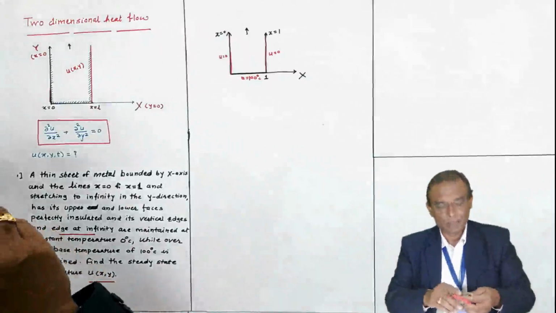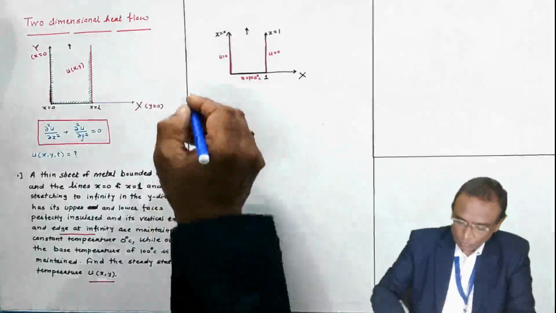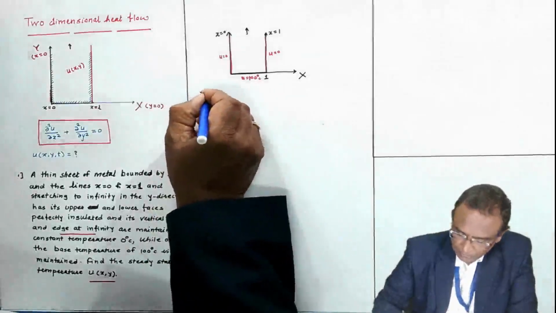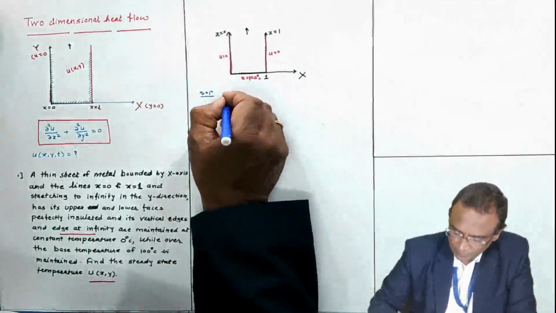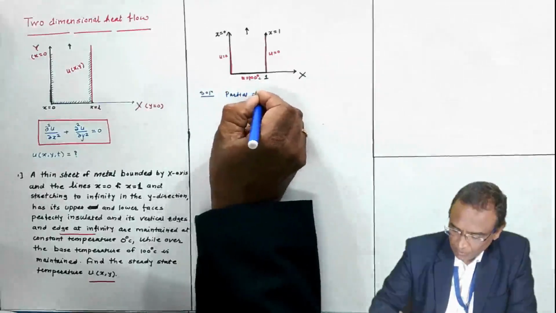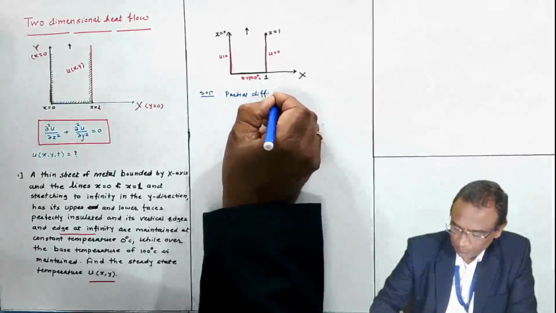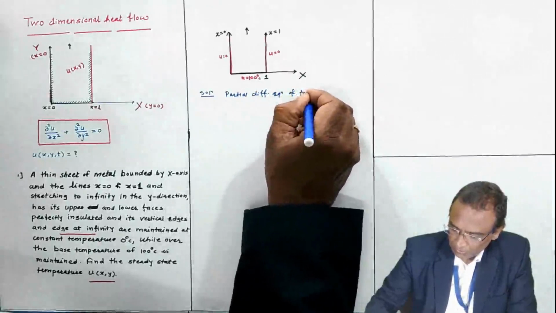You have to find the temperature at any point. So what to do here? We have to write the partial differential equation of two-dimensional heat flow.